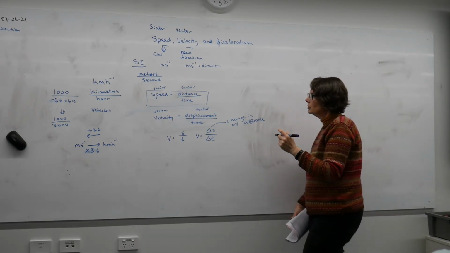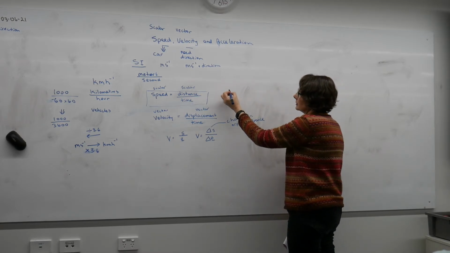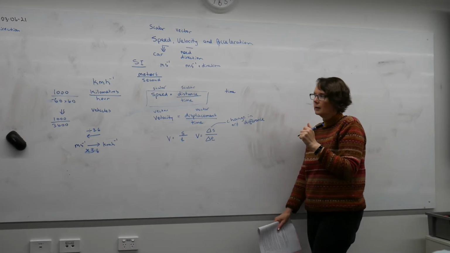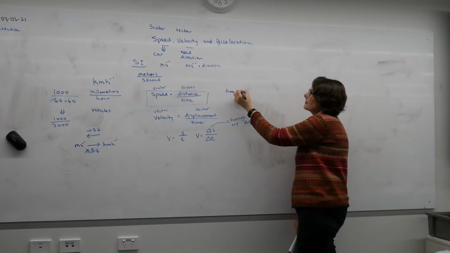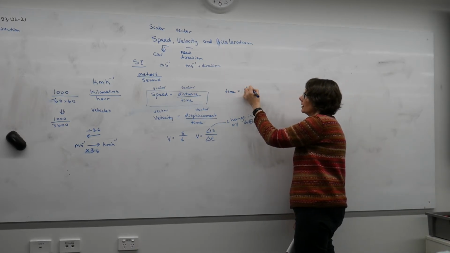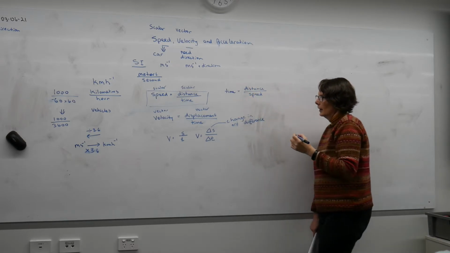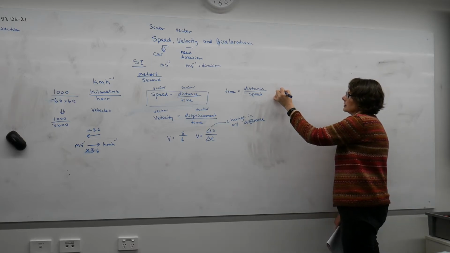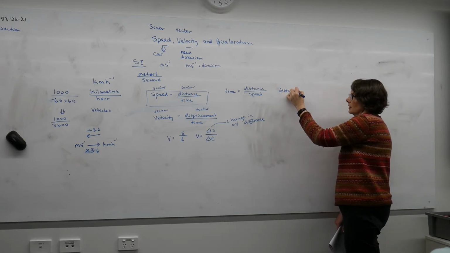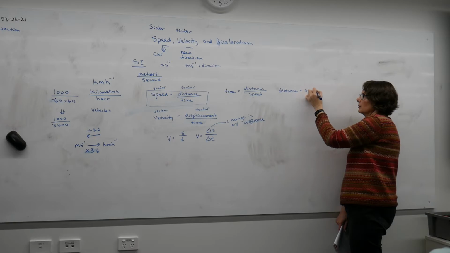And of course we can also rearrange this to find other factors. So what's time going to equal for our speed? Distance divided by speed. Yeah, distance divided by speed. And obviously then our distance is equal to the speed times time.